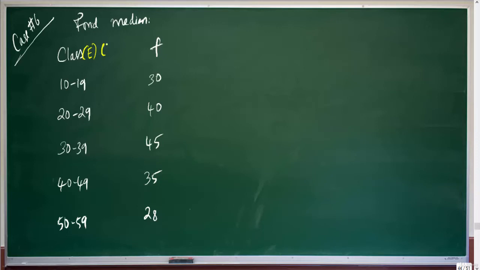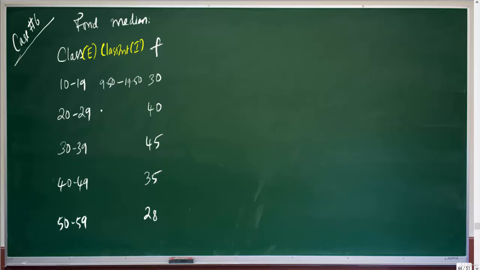So here I'll write class interval in inclusive type. This 10 should become 9.5 and 19 should become 19.5. That is, we should add 0.5 to the upper limit and subtract 0.5 from the lower limit.